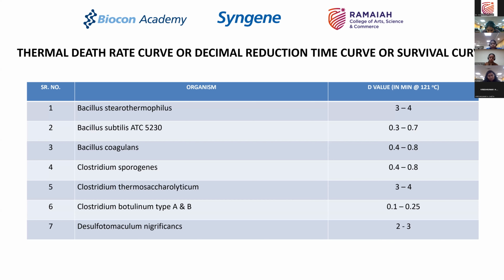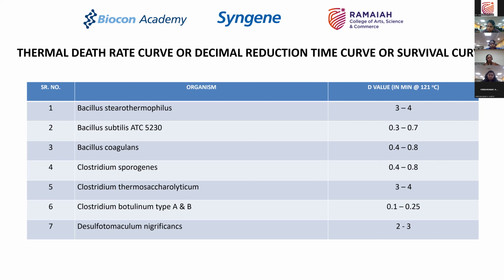Bacillus subtilis, which is also something that we will use for some of the applications, takes about 0.3 to 0.7 minutes. Bacillus coagulans takes about 0.4 to 0.8 minutes. Clostridium sporogenes takes 0.4 to 0.8 minutes again.